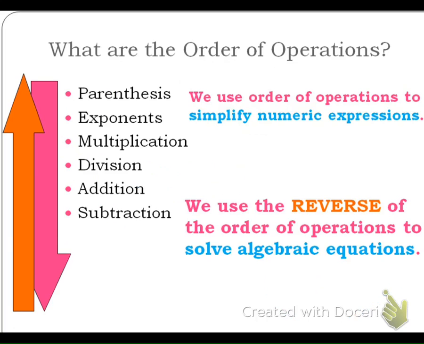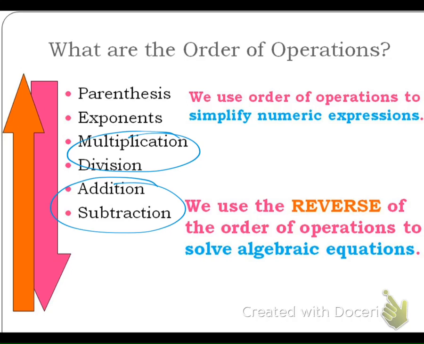So you learned when you were simplifying numeric expressions you had to use the order of operations, please excuse my dear Aunt Sally: parentheses, exponents, multiplication, division, addition, and subtraction. And you remembered that all multiplication and division was done at the same time, same with addition and subtraction, as you work from left to right.